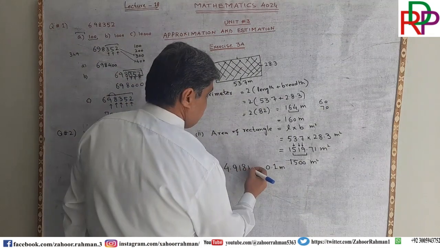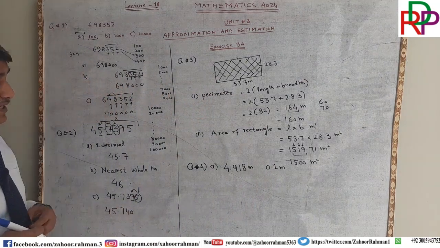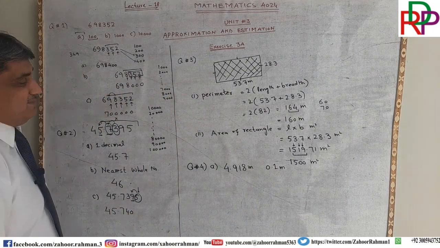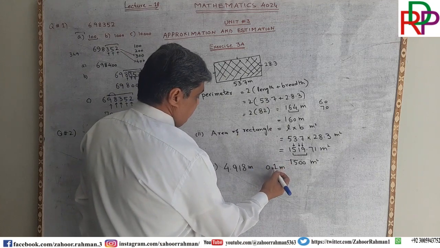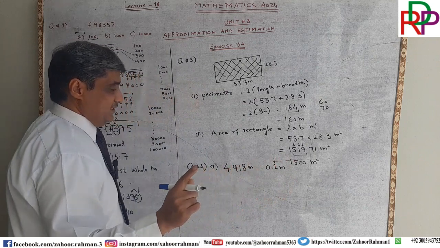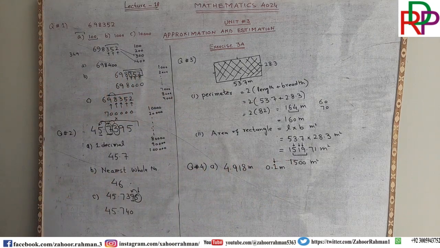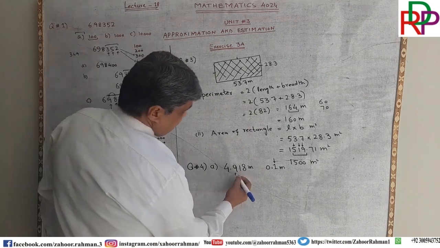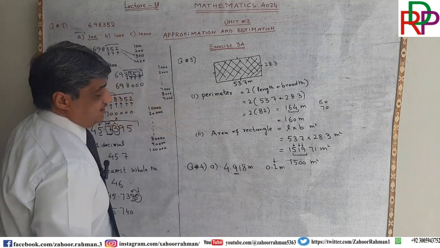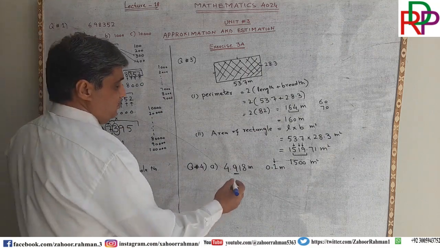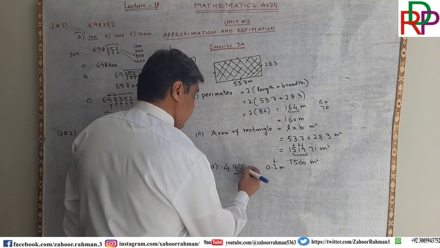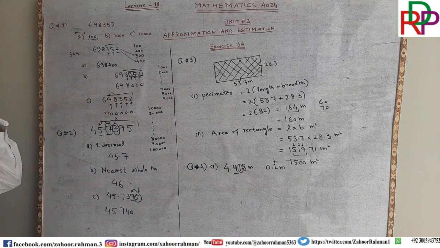Ladies and gentlemen, for simplicity, consider that after the decimal we need only one digit. Till that we need accuracy. After that you can ignore the numbers. I have to underline here. In the CIE paper you have to do it like this, and then encircle the next number.